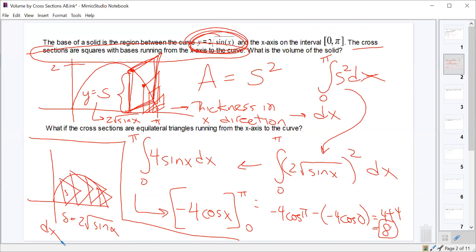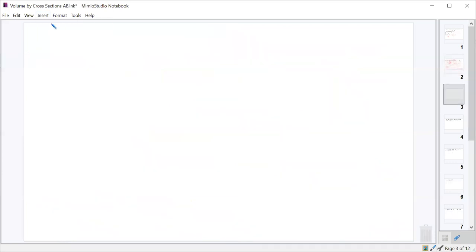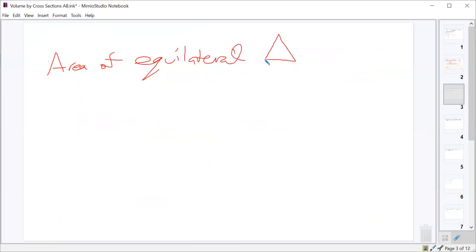No, that'd be for an isosceles right triangle. You might not know the formula for the area of an equilateral triangle. You can use some right triangle trig to figure it out, but I'm going to tell you that you should memorize this because it'll make your life easier in general. The area of the equilateral triangle is s squared, the side length squared, times root 3 divided by 4.